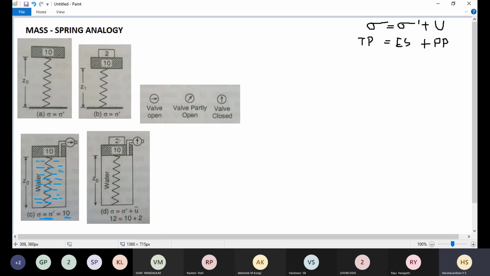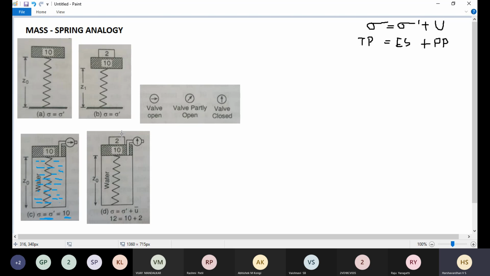Please remember, after adding 2 units of extra weight, the excess stress is carried by the water, and this pressure that builds up in the pore water due to the increment in the load, that is 2 units, is termed as excess pore pressure or excess hydrostatic pressure or hydrodynamic pressure.